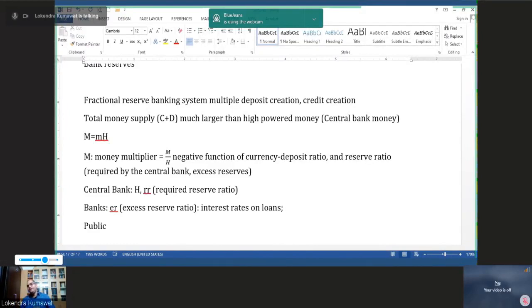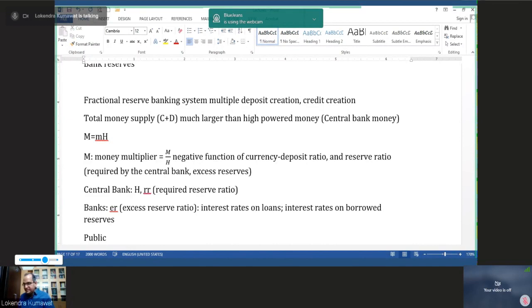Then, if the banks do not have excess reserves and there is some withdrawal demand, they can borrow from the market. They can borrow from the central bank. If the interest rates on borrowed reserves are large, then banks would not like to borrow from the central bank or the market, and they would like to keep their own excess reserves. So that is another factor.